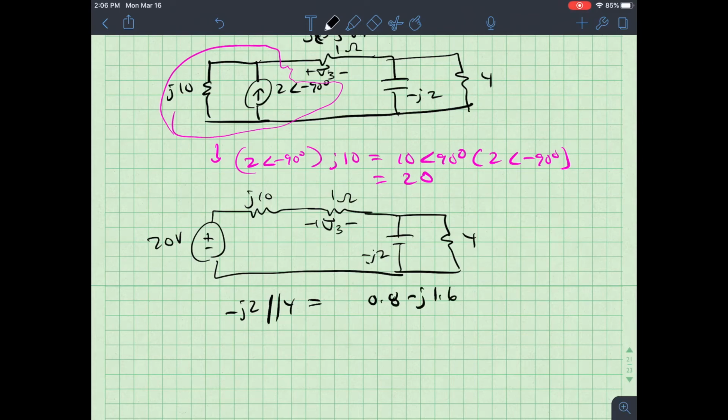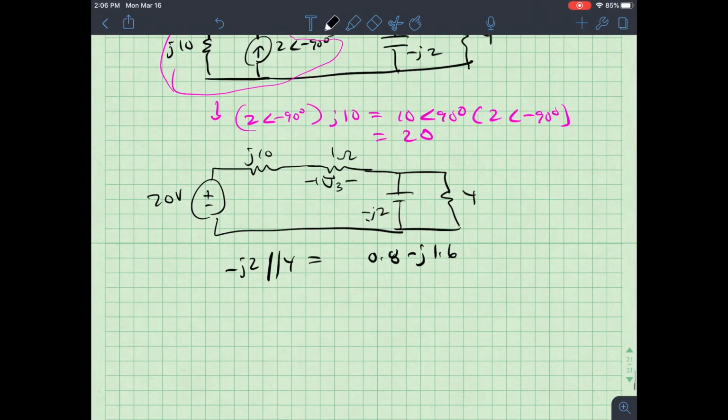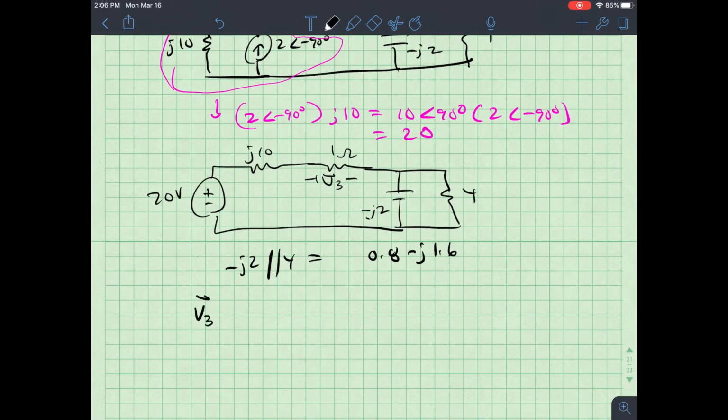The next thing I want to do then is use voltage division. So I know that V3 phasor is equal to 1 over 1 plus J10 plus 0.8 minus J1.6 times 20.